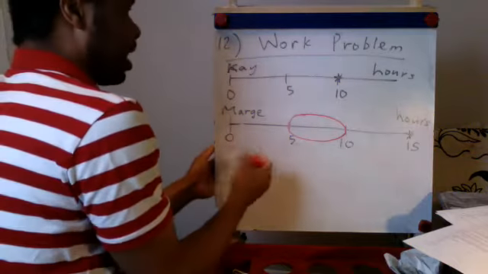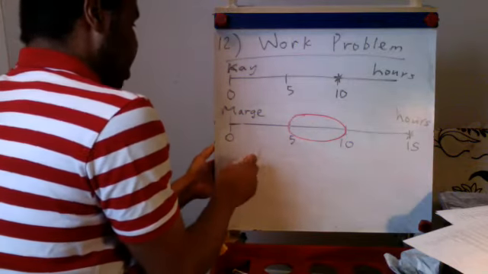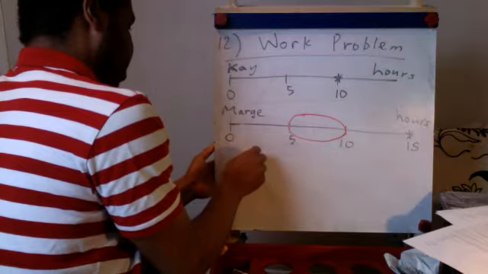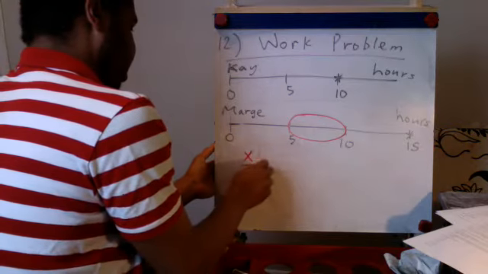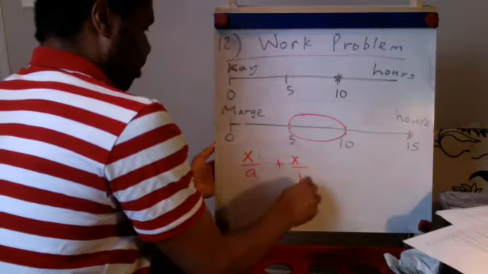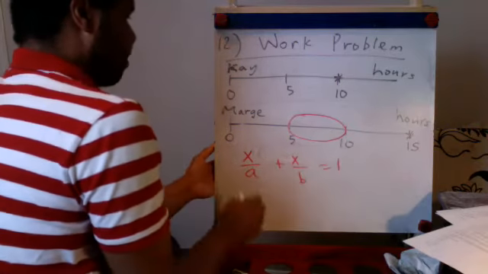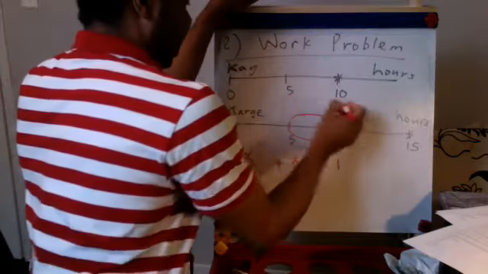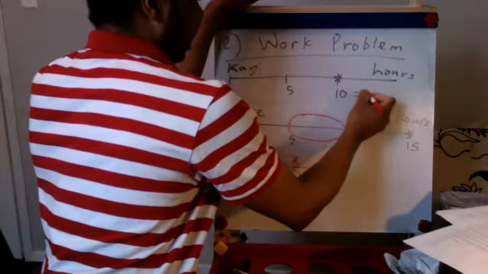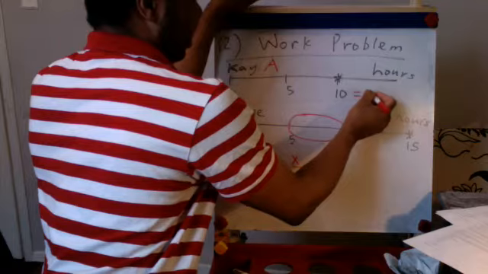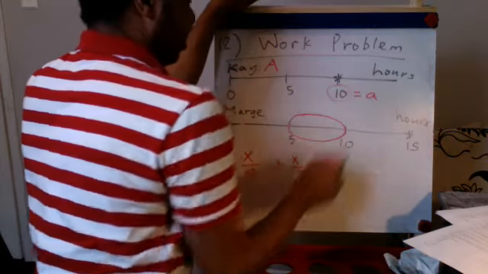There's a formula that allows us to solve these kinds of problems. What we want to do is x over A plus x over B is equal to 1. In this case, A is the time taken by person A. So K is person A, and it takes K 10 hours.